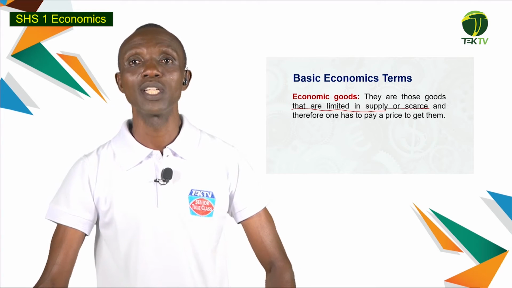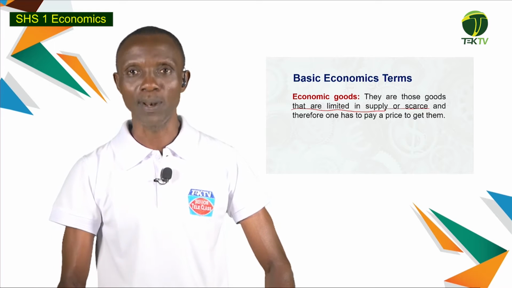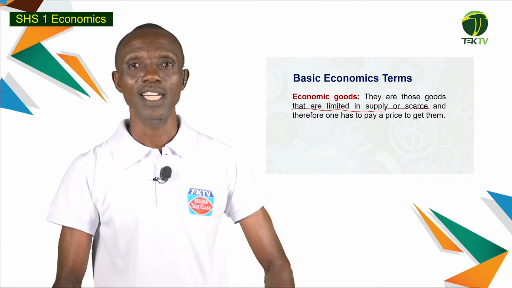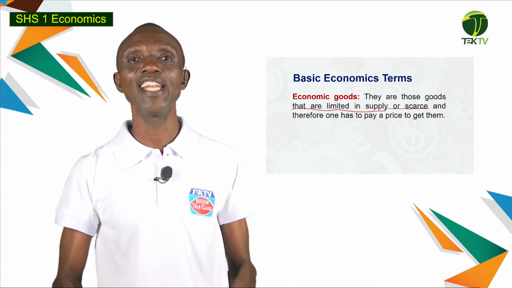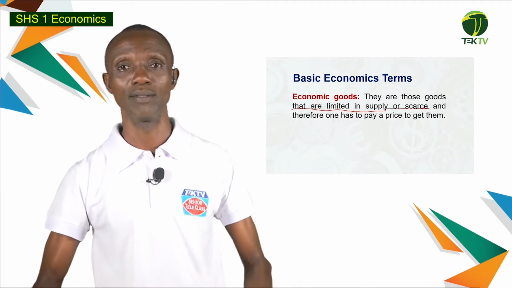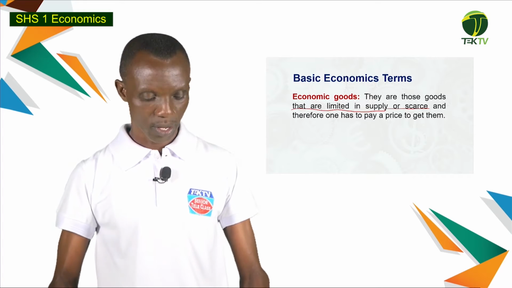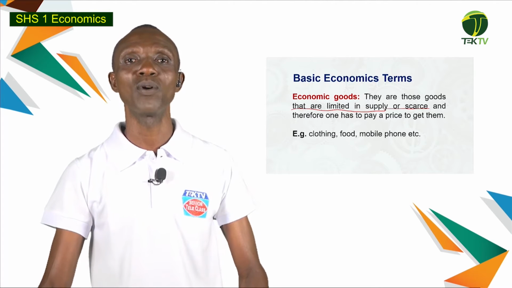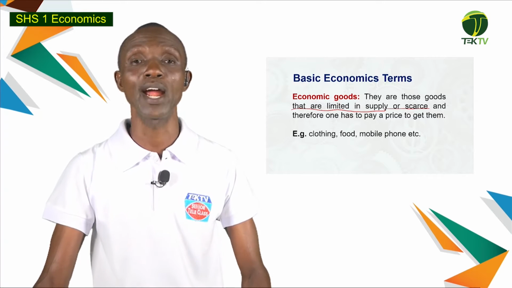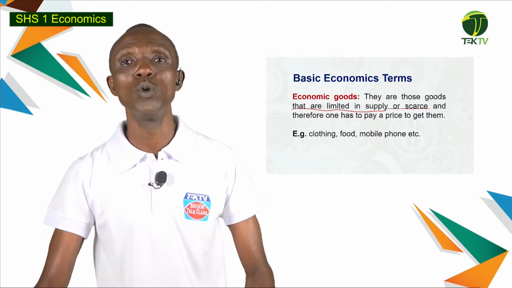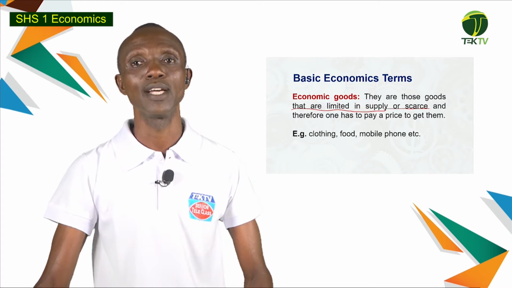For economic goods, they are limited in supply and they are scarce. That's a striking feature of economic goods. And before any individual could use them, you have to pay a price to get them. We could have examples like clothing. You can't get it for free. You need to pay a price to have them. Food, mobile phones, and so on and so forth.